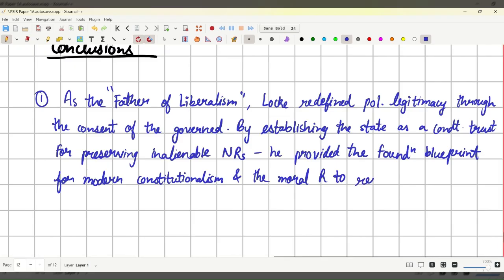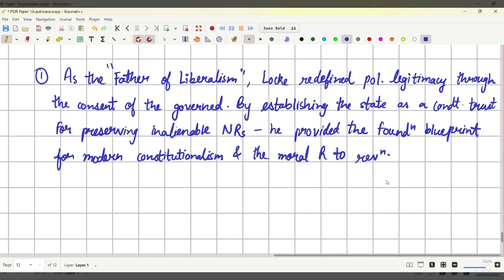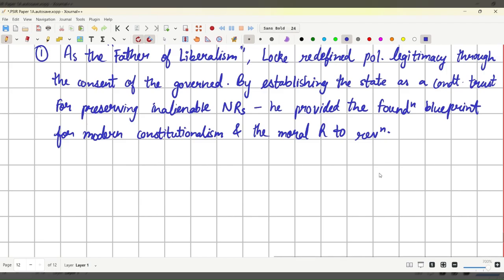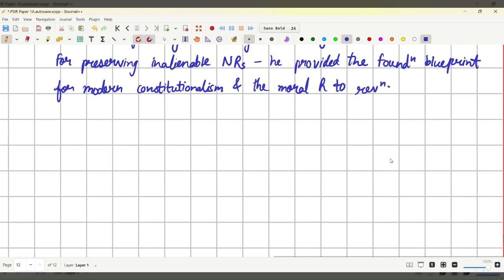So if a question is asked on social contract, democracy, or liberalism, you can write this conclusion.